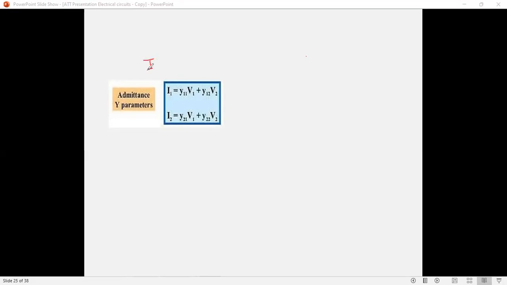Here the current I1 and current I2 are expressed in terms of, or are a function of, voltage V1 and V2.